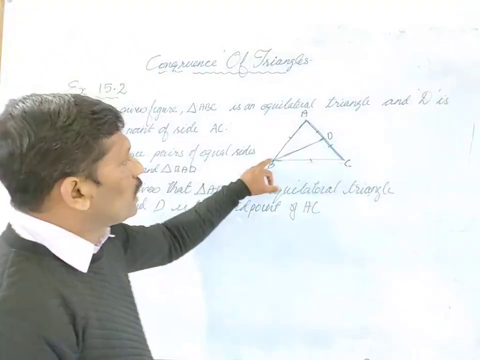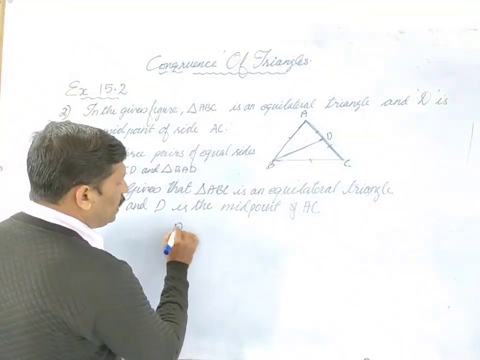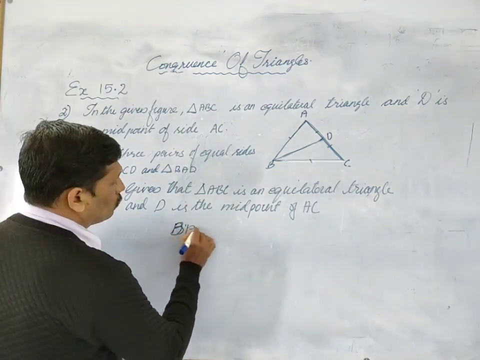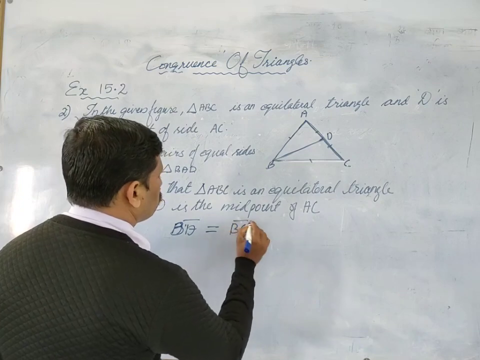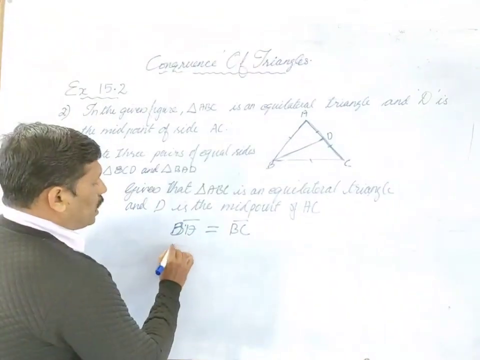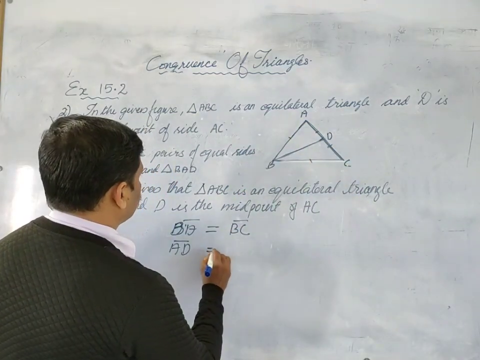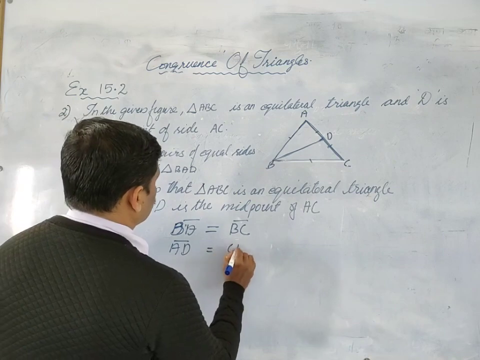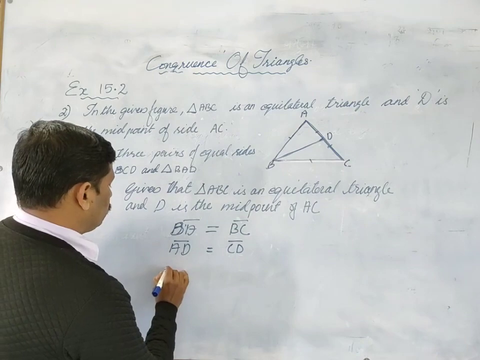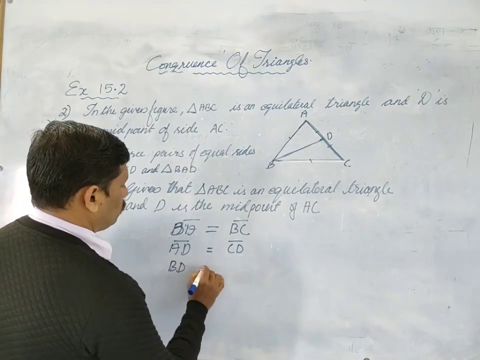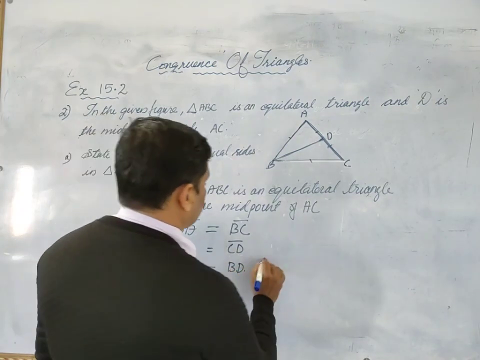Therefore, in this equilateral triangle all sides are equal, therefore BA is equal to BC. So we are writing that side BA is equal to side BC, and side AD is equal to CD, and side BD is equal to side BD. That's the common side.